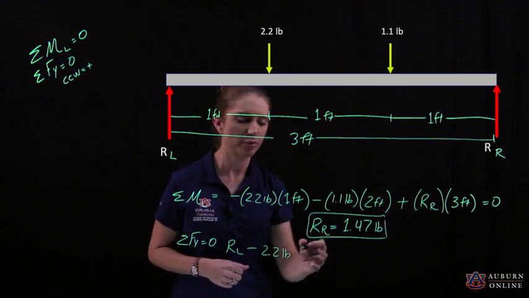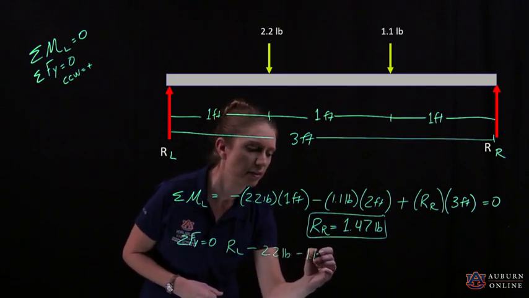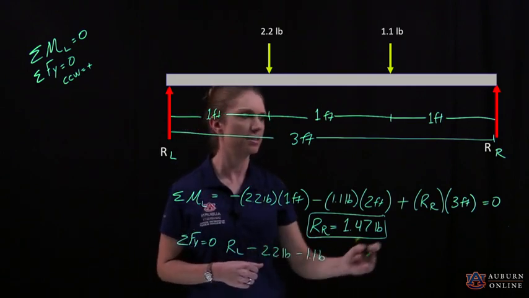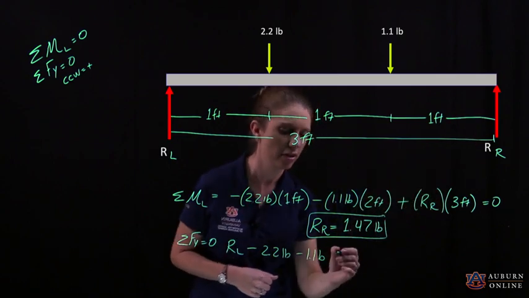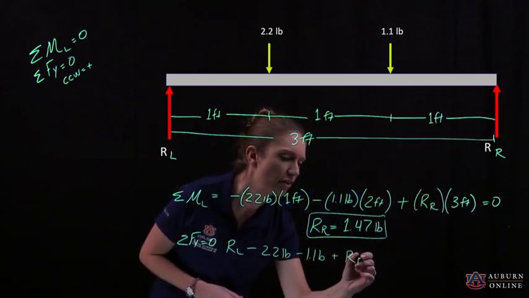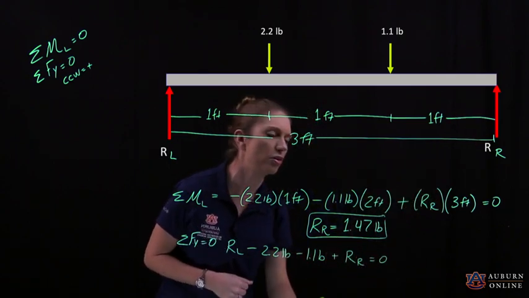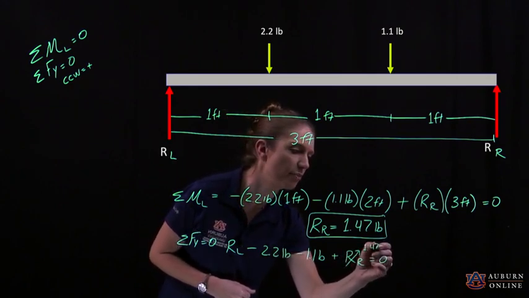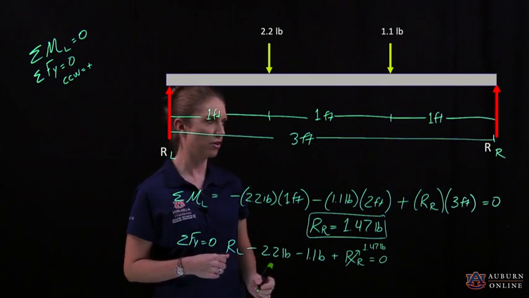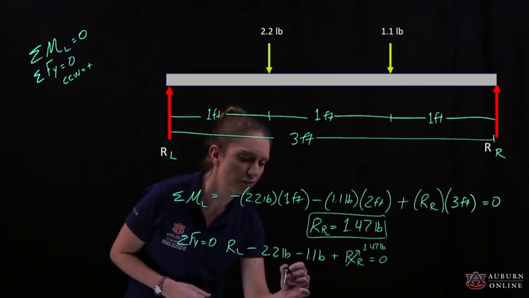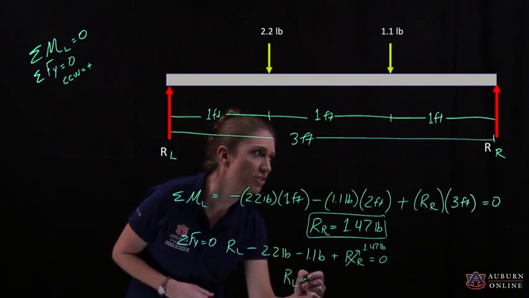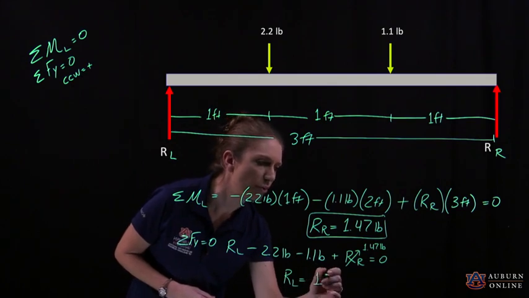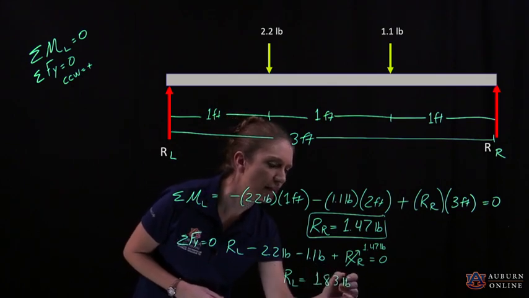We've got 1.1 pounds here, which is negative since it's acting downward, and we have our support reaction on the right, our R, all equals 0. So we'll substitute in the 1.47 pounds for our R. And solving for our left-hand reaction, we get 1.83 pounds.